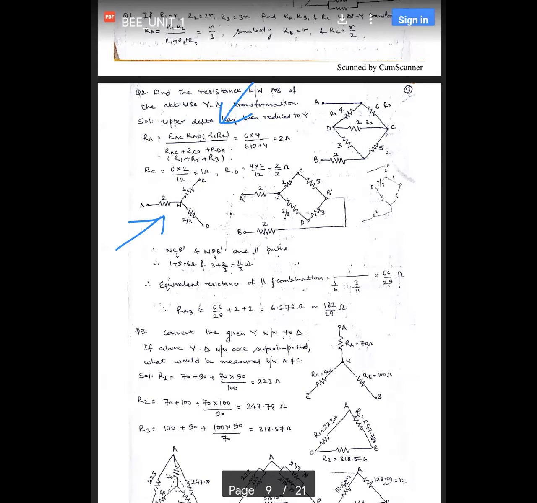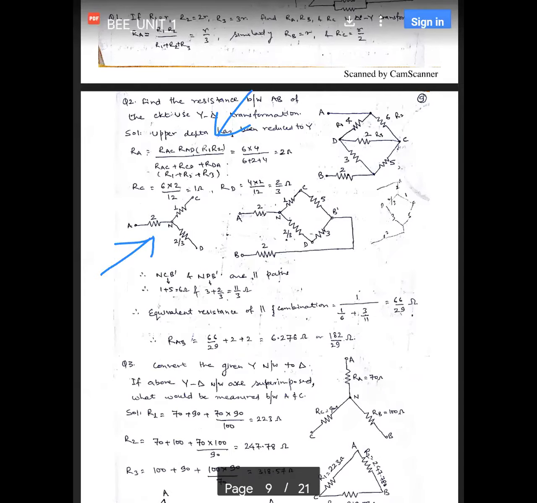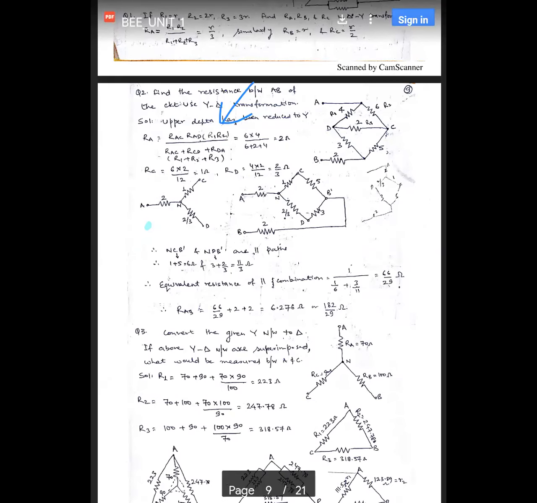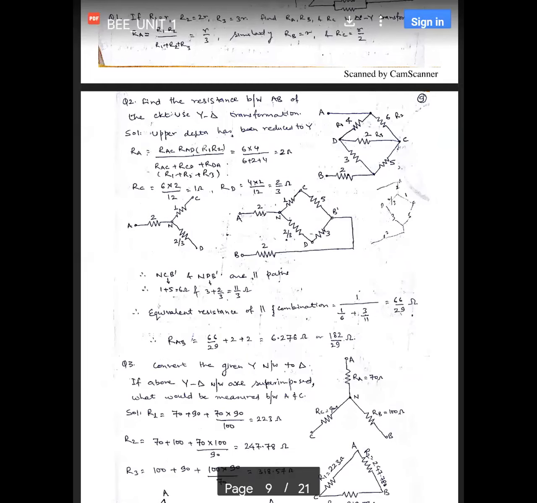So we are calculating this and we will get the value of RA as 2 ohms. Similarly, we can calculate the value of RC and RD. Denominator remains same 12 ohms, and in the numerator other two resistances are taken at a time, and we will get the value of RA, RC and RD as shown in the diagram.